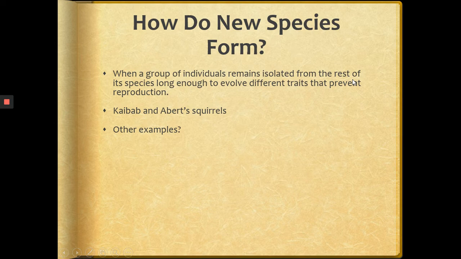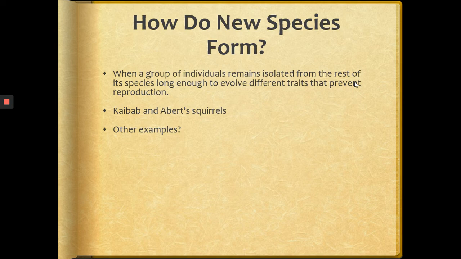So the example that your book gives are these two squirrels that live in northwestern Arizona. So you have the Kaibab squirrel and the Abert squirrel. And you can see on 373 the range of the Abert squirrel. It ranges all the way through Arizona into New Mexico up into Colorado. Okay?